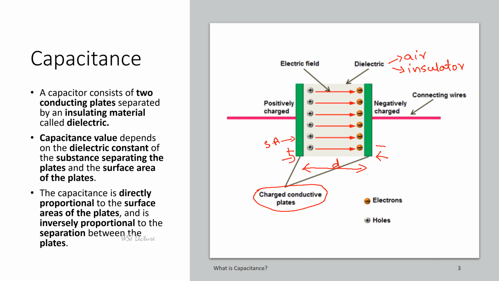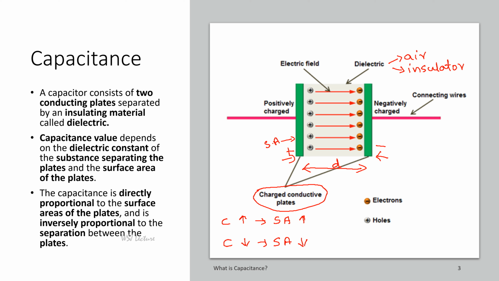The capacitance value increases if the surface area of the plates increases. The capacitance value will decrease if the surface area of the plates decreases.